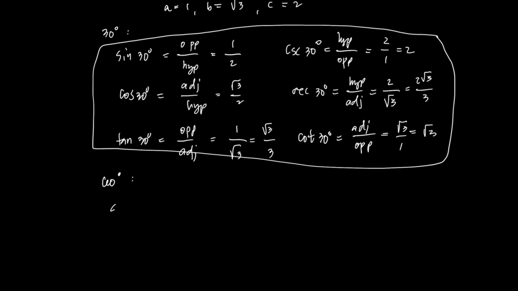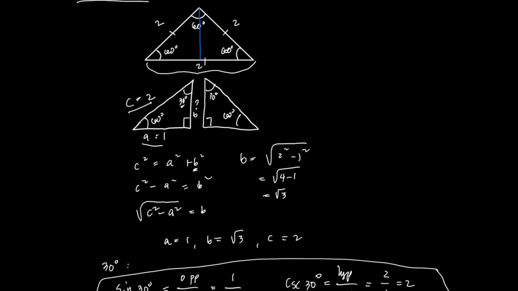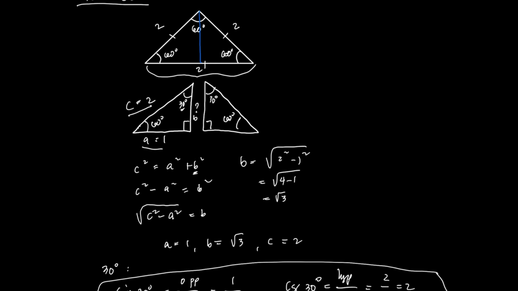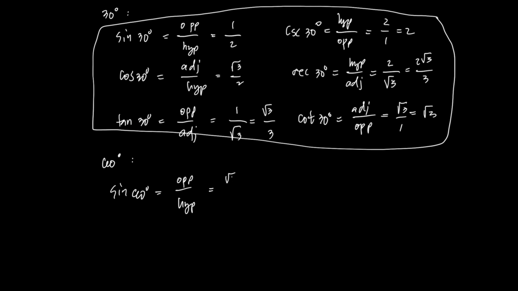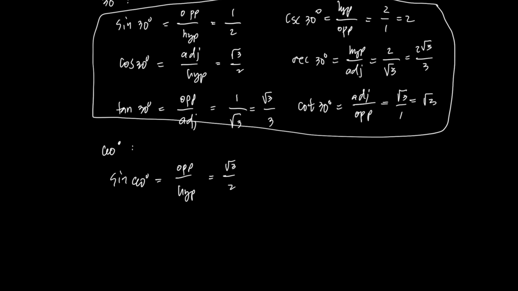Now for the 60 degrees, we have sine 60 degrees, which is again opposite over the hypotenuse, and in this triangle here, this is our angle already, and the opposite side is B, and B is square root of 3, and the hypotenuse is 2.